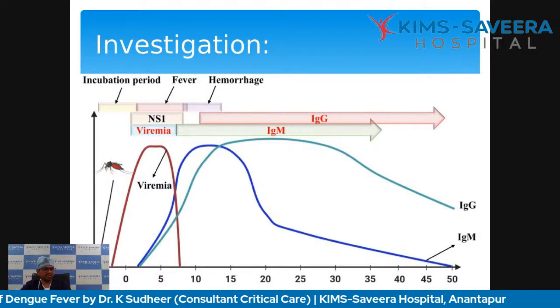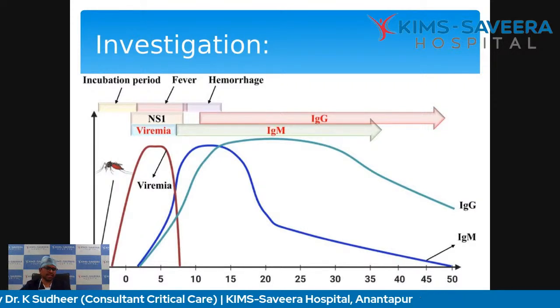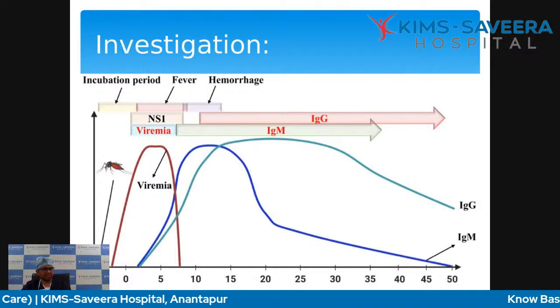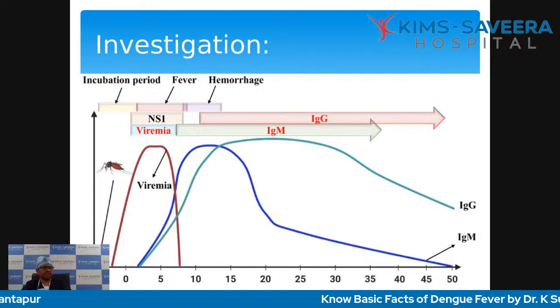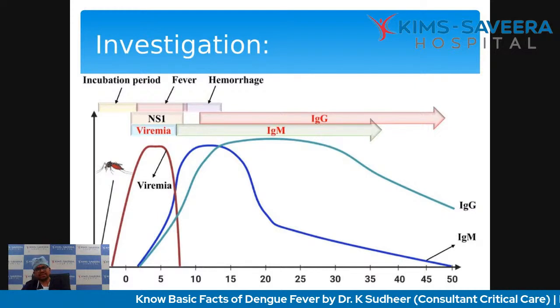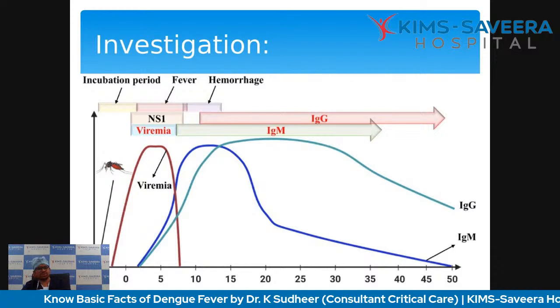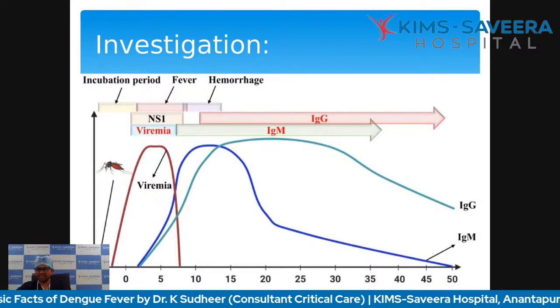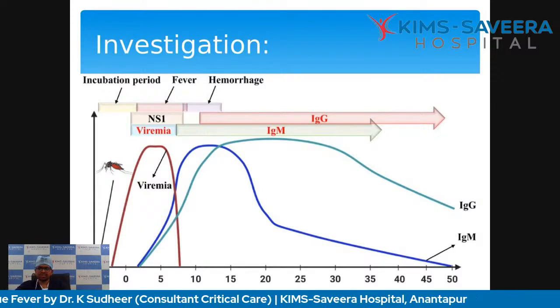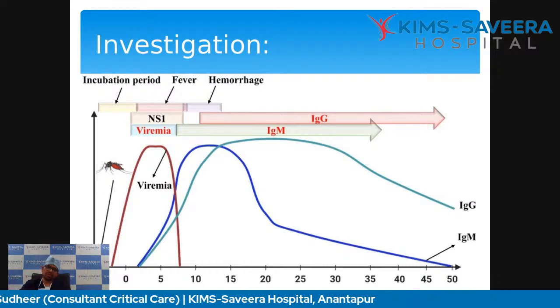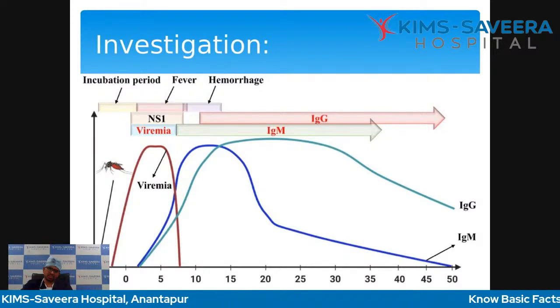Usually IgG will be late. Before that, from day 3 or day 4, we can get dengue IgM positive. From day 7 or day 8, we can see IgG positive if we do a laboratory test for dengue fever.